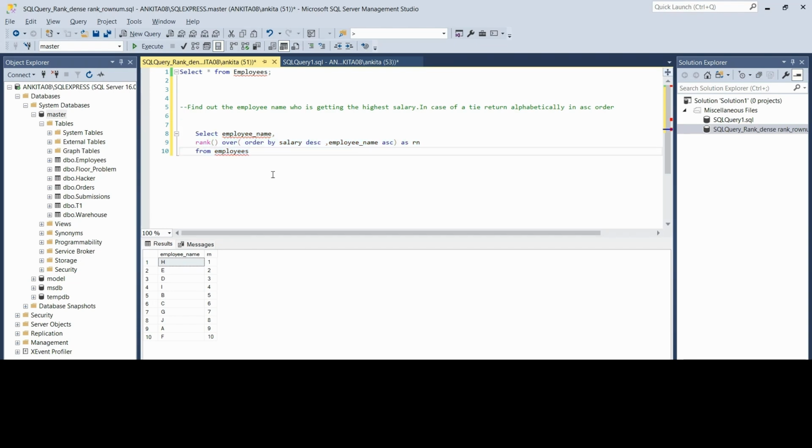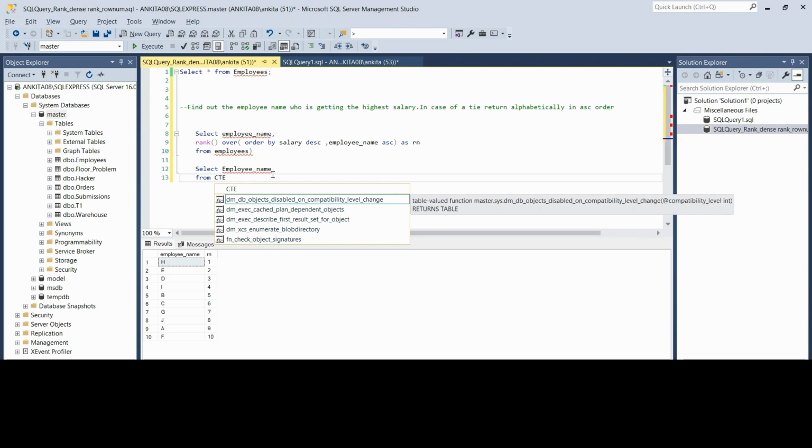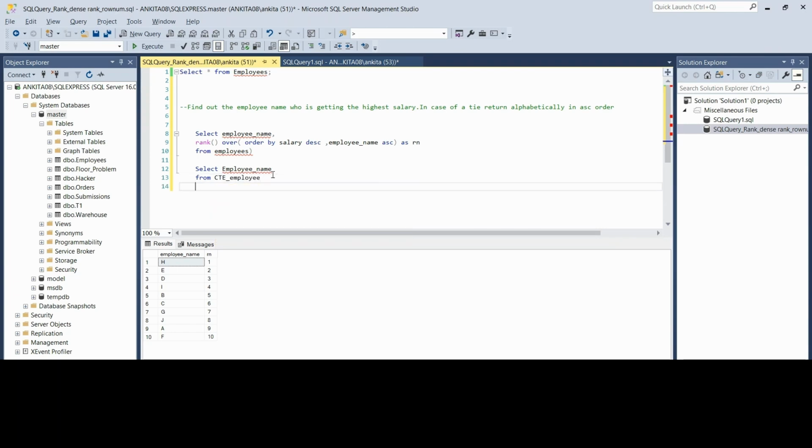Now we have to only retain the name of the employee who has the highest salary. So essentially, we have to provide the employee name where rank is 1. So let us select that. Let us select employee name from, let's give the upper table a name as CTE, employee, where RN equals 1.